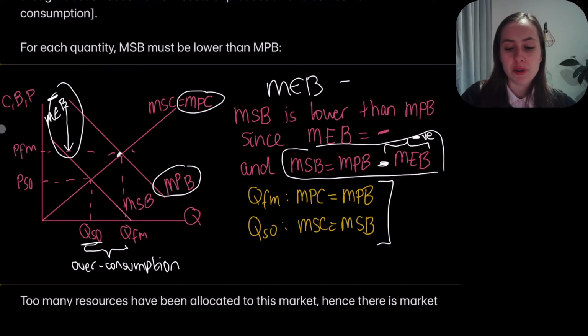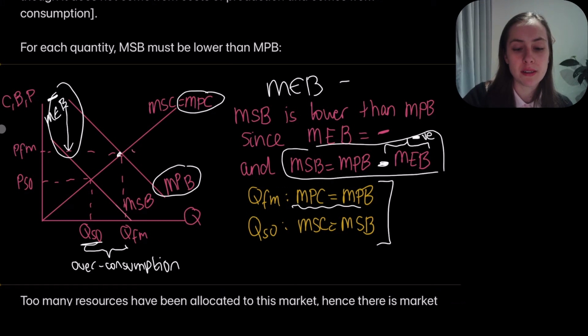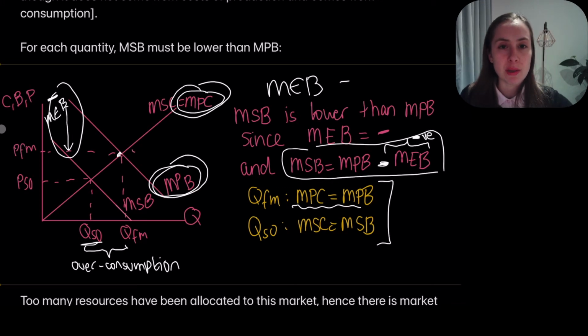Remember, a free market produces where MPC equals MPB, which I have circled here. That's going to be producing at QFM and PFM. What would be best is if we had produced where MSC equals MSB, which is at the social optimum, at QSO and PSO.